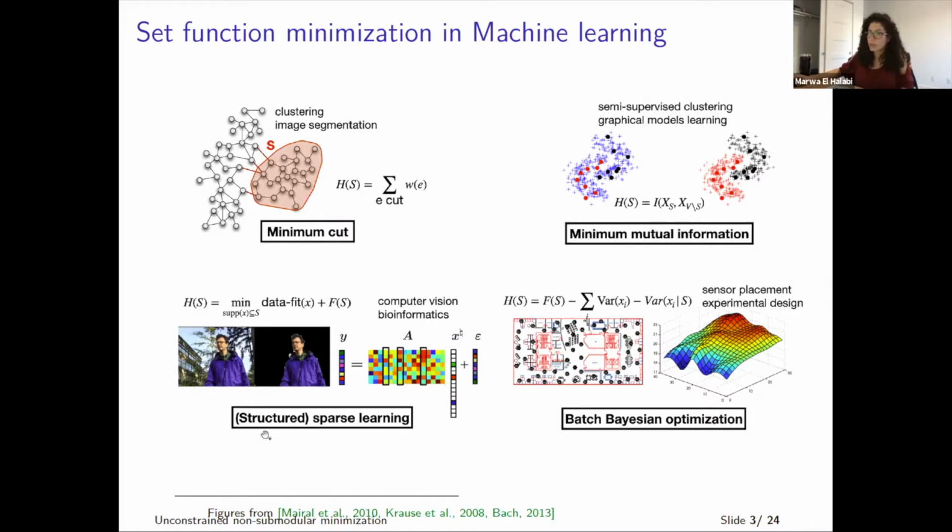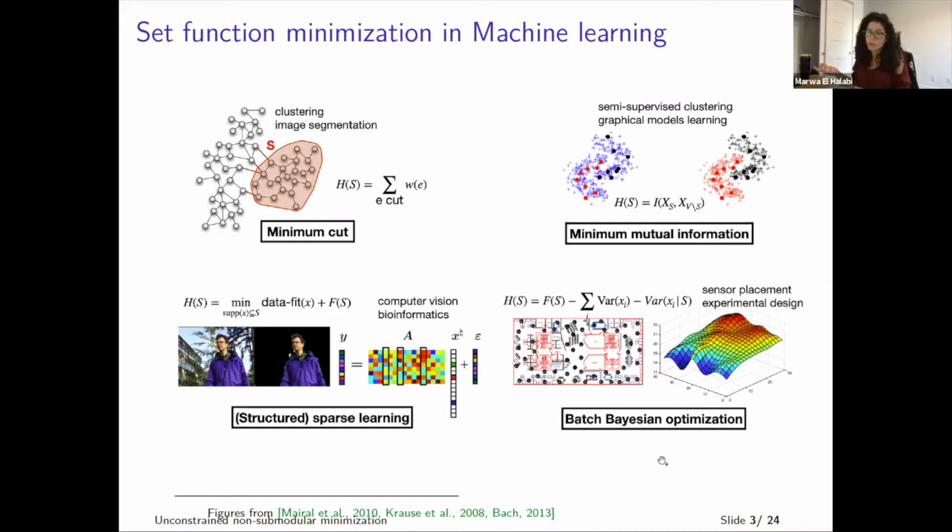Then there are also problems that come up in structured sparse learning. These are problems where we have some observations and we're trying to select which variables should be non-zeros in a way that will fit the measurements, as well as some prior structure, where here F would be some regularizer. Another example is from batch Bayesian optimization, where we have some function that we don't know how to optimize.